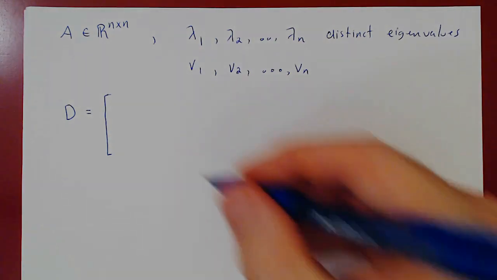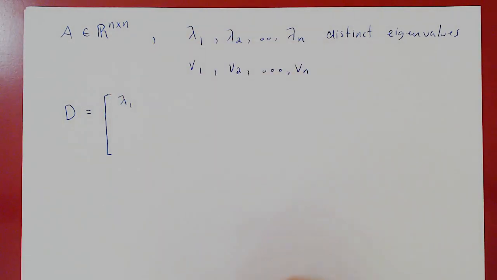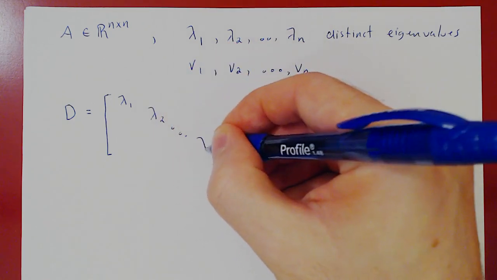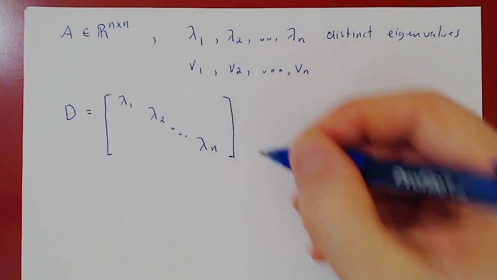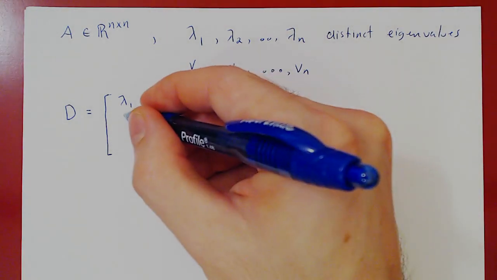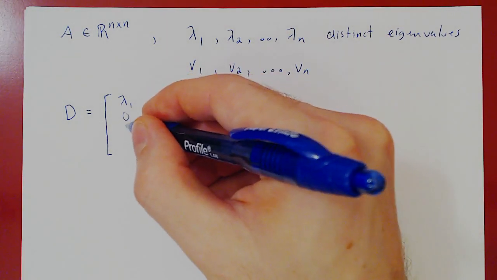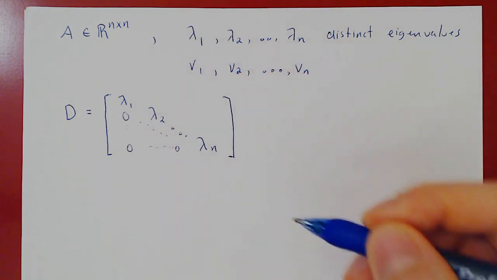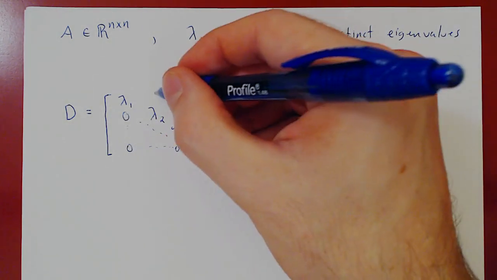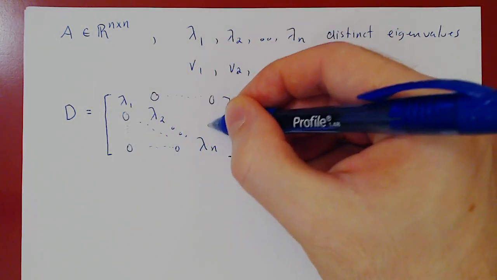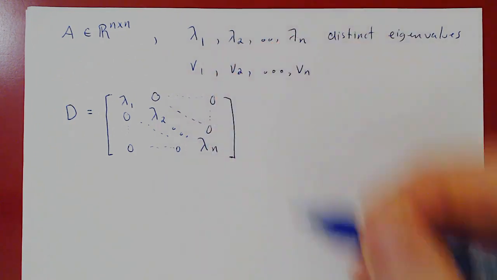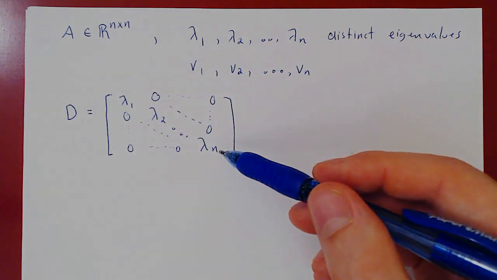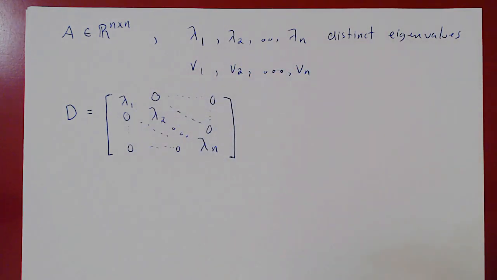The matrix D will have lambda 1 on the first entry of the diagonal, then lambda 2, all the way down to lambda n, and every other entry, above and below the main diagonal, will be 0. This matrix is called a diagonal matrix because off the main diagonal you get all zeros.